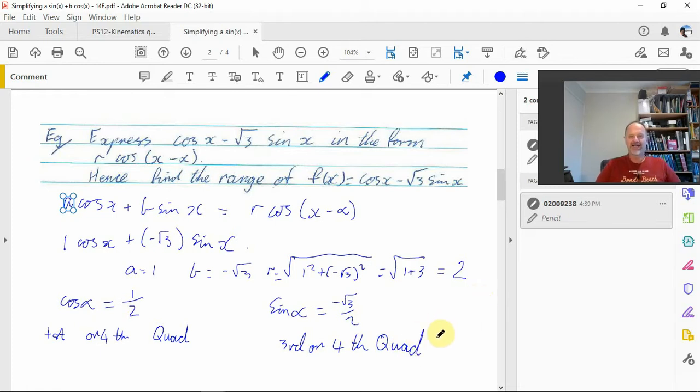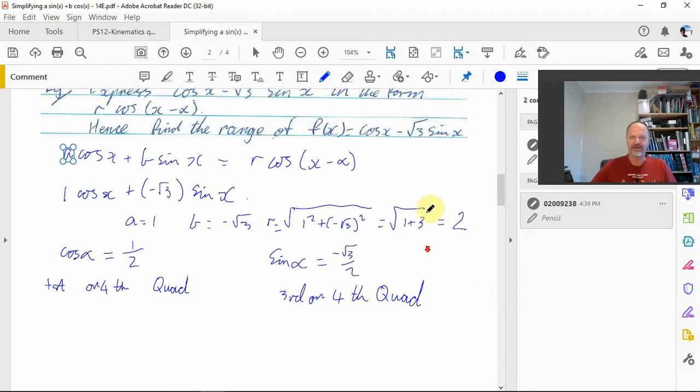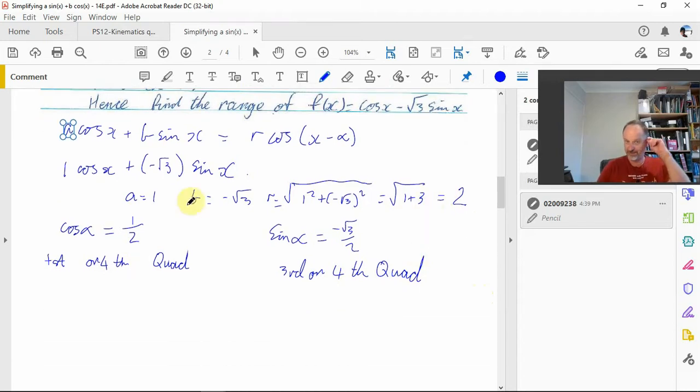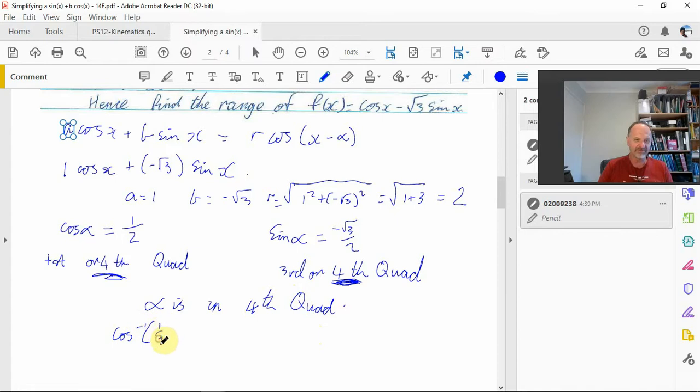Now, what we need to do is have these things marrying up. Because alpha, the angle, is going to be in the same quadrant for these. So here we've got the fourth quadrant. So alpha is in the fourth quadrant. And cos inverse of 1 over 2 is pi on 3, and it's in the fourth quadrant.